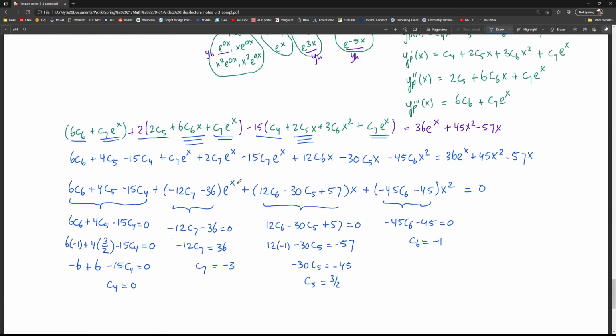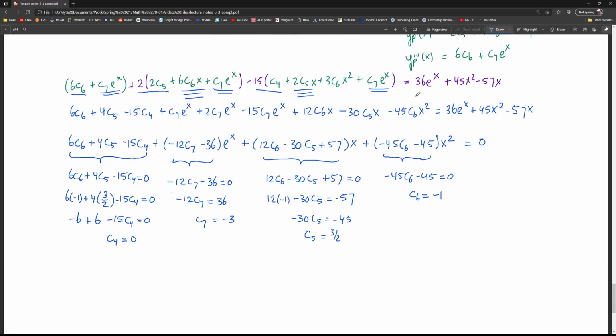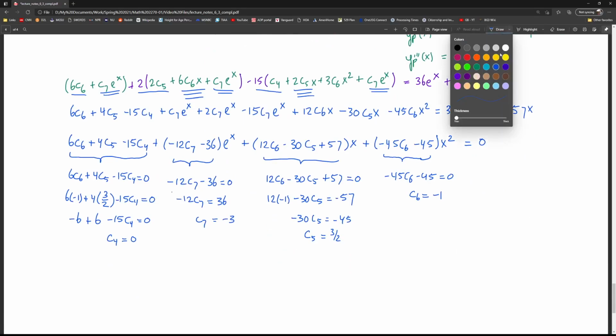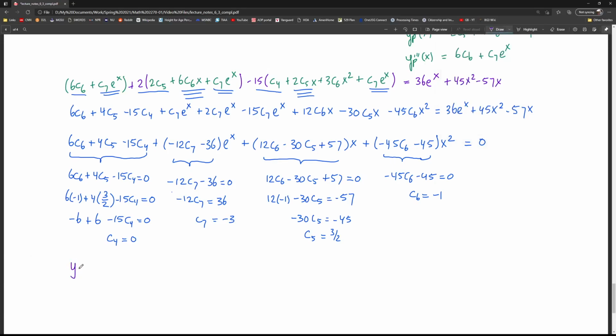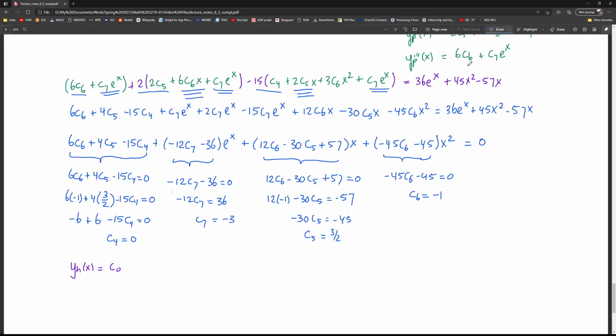So the general solution to this differential equation is, I want to write just y of x.